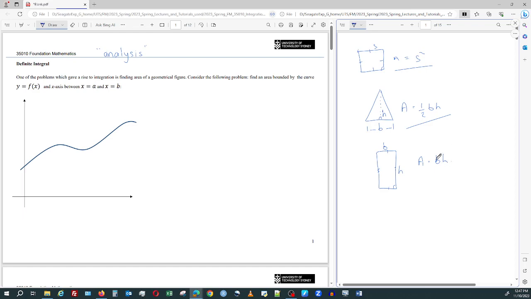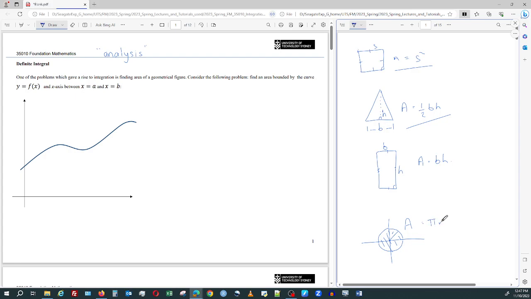Very straightforward. Even for more advanced ideas, the idea of the area of a circle, you actually prove this in Maths 2 at some point, with that radius, the internal area is equal to pi r squared.